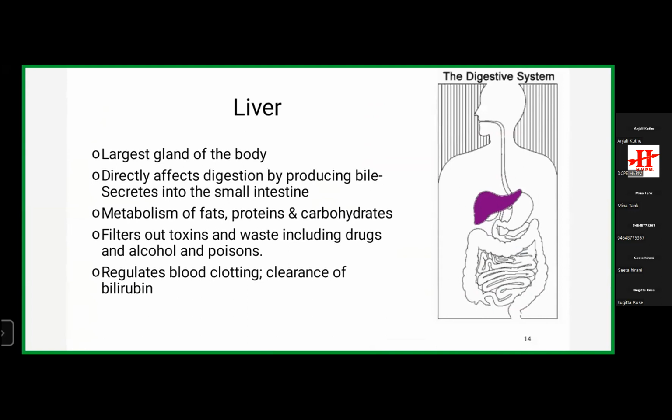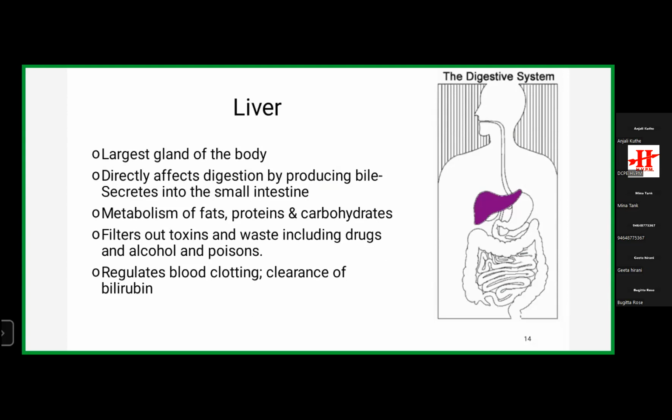Largest gland, it directly affects digestion by producing bile. The cell of the liver is known as the hepatic cell. Just as we have seen the muscle cell in the heart is known as the cardiac muscle cell, like that, the hepatic cell is the name of the cell in the liver.